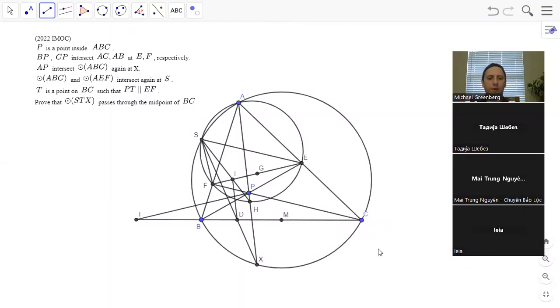So yeah, if they were collinear, then yeah, BDC would be harmonic. Yeah, can we use the parallel somehow?